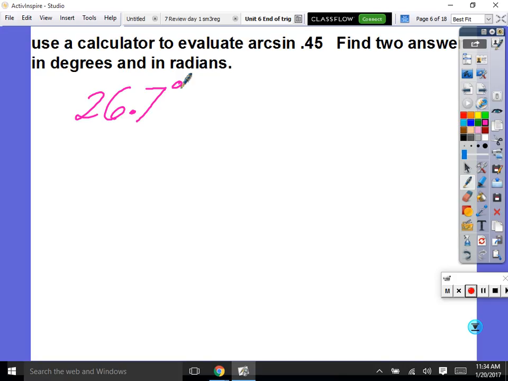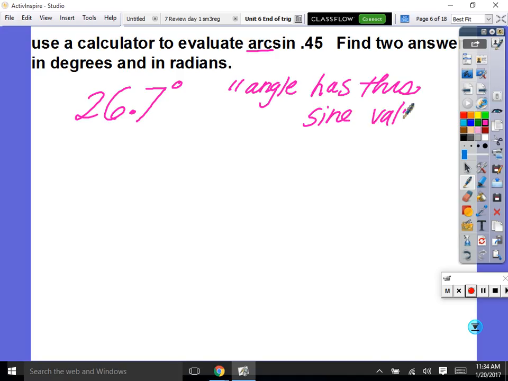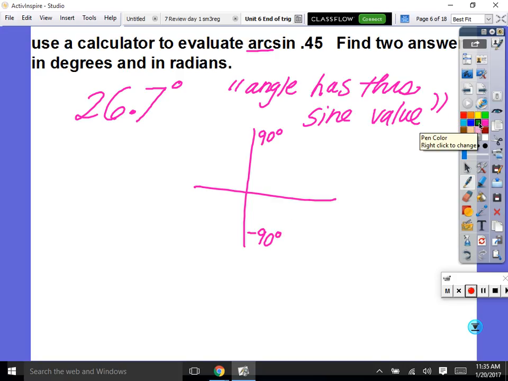It means, what angle has this sine value? Sine inverse only gives us answers between positive 90 degrees and negative 90 degrees, correct? So we just got one of the answers: the angle is 26.7.